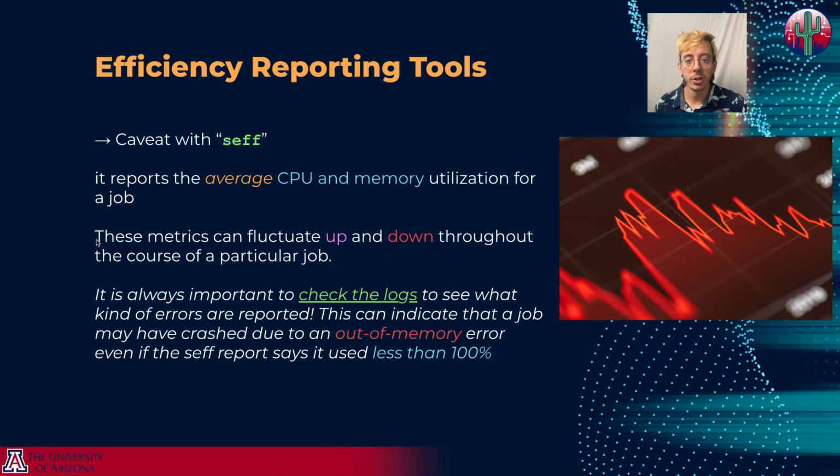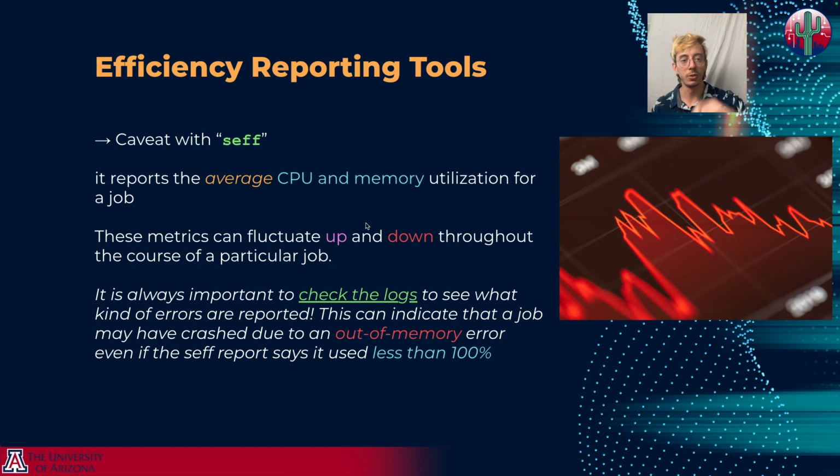And unfortunately, there's not really a way that we have of getting a fully detailed graph of the CPU utilization throughout the course of a job. This would require monitoring tools that would be a little bit beyond our capabilities, but it's important to check the logs and see what kind of errors are reported so that you can understand what might have happened.